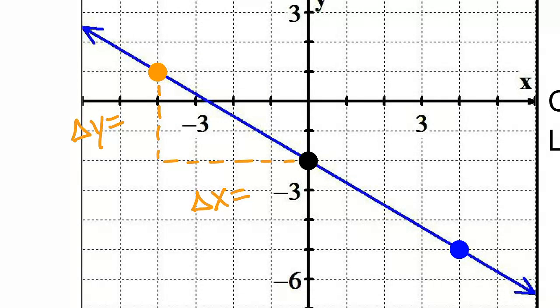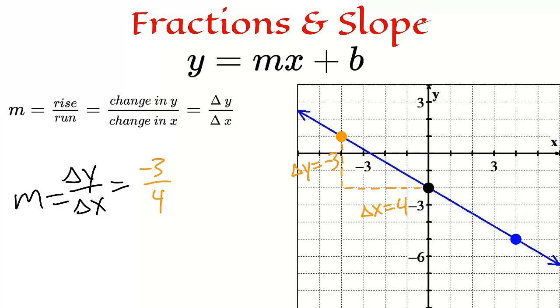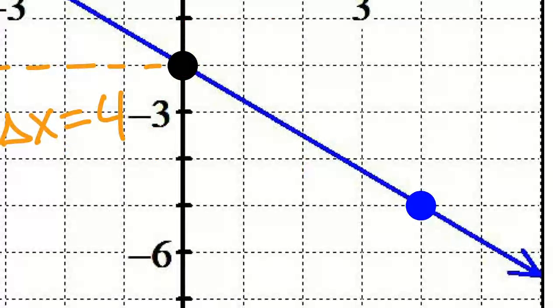Elisha, yeah? What's our delta y? And what's our delta x? So our slope, you're suggesting, our slope would equal delta y over delta x, which is great. Yeah, awesome.